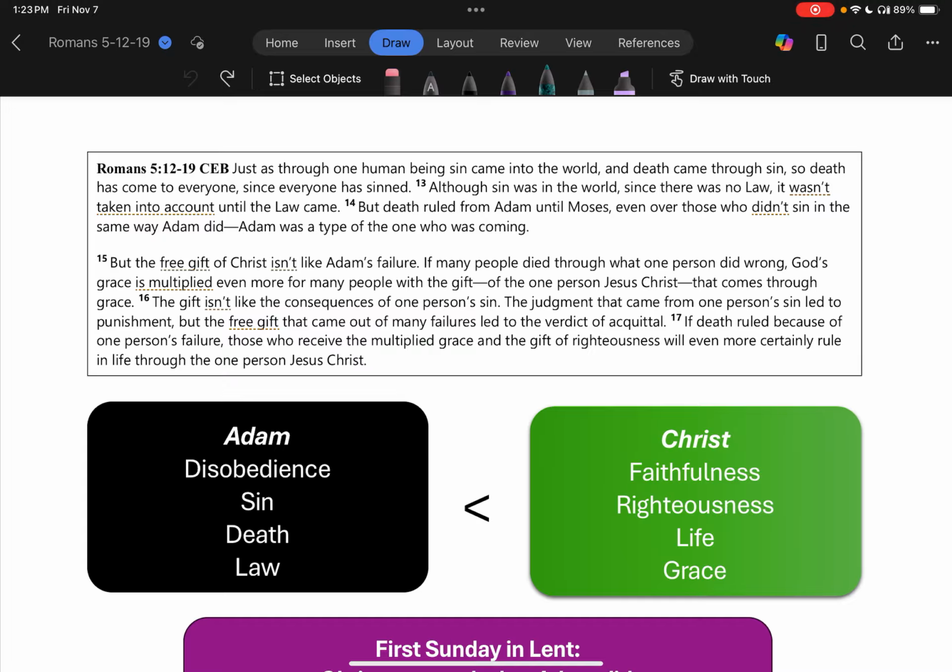We'll see in this passage that Adam is a type of Christ or a foreshadowing of Christ as well. In the first half of chapter 5, Paul talks about us being made righteous. So he's continuing that theme from chapter 4 with Abraham and being at peace with God because God has accomplished reconciliation with us through Christ.